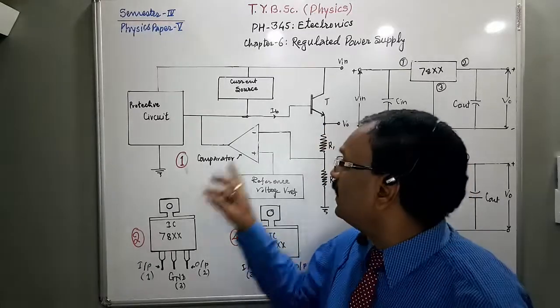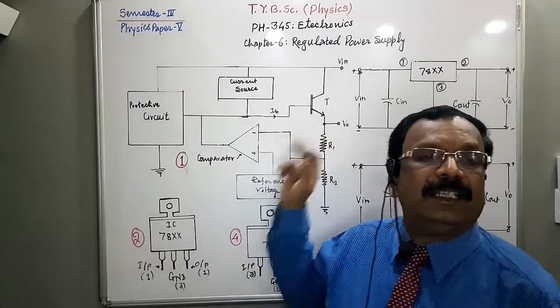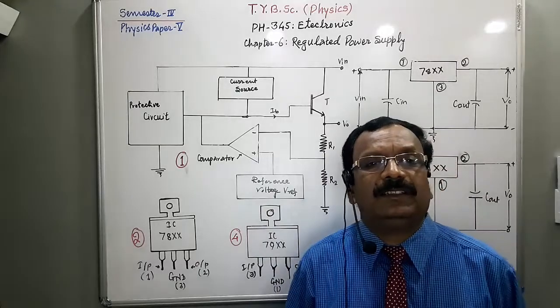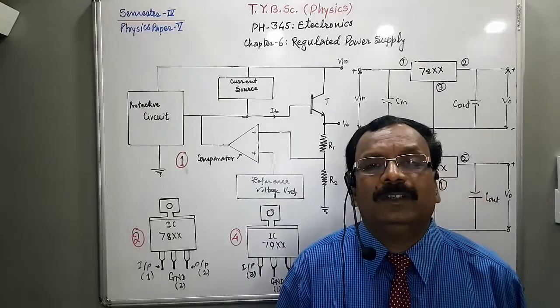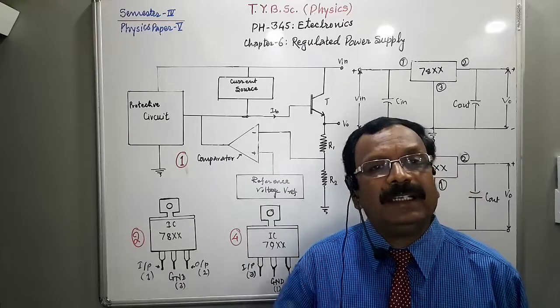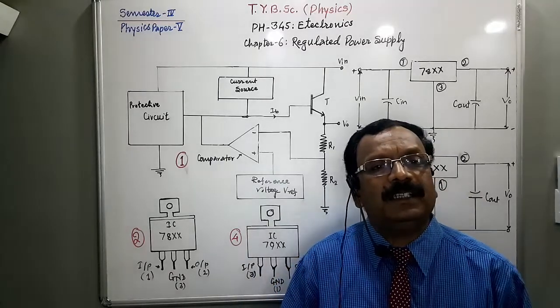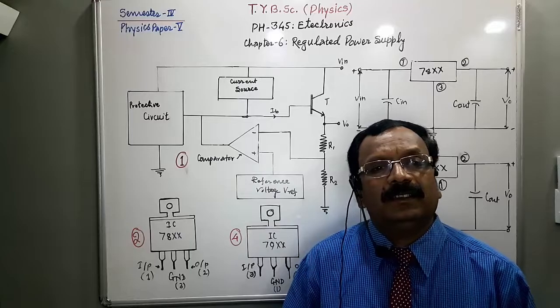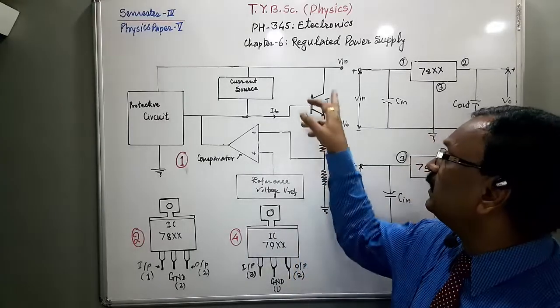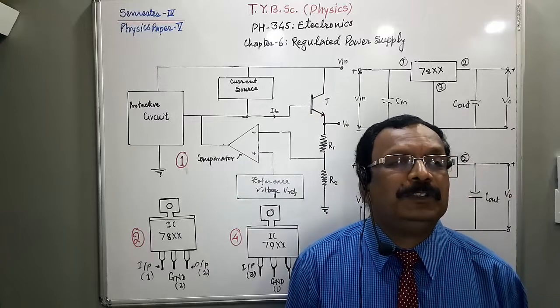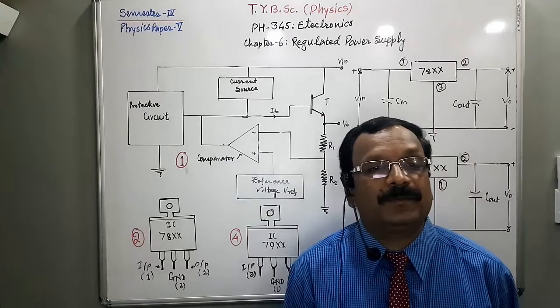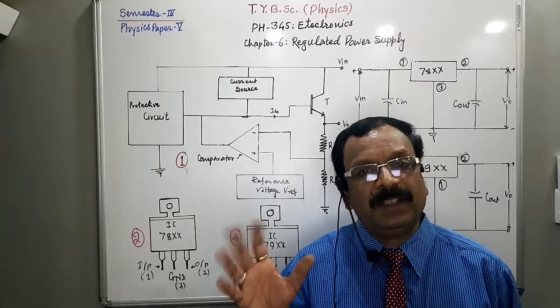The series pass transistor T corrects the output voltage to the desired value. While designing a series pass regulator, the control element, that is this series pass transistor, should be selected properly. This is very important. Why, sir?